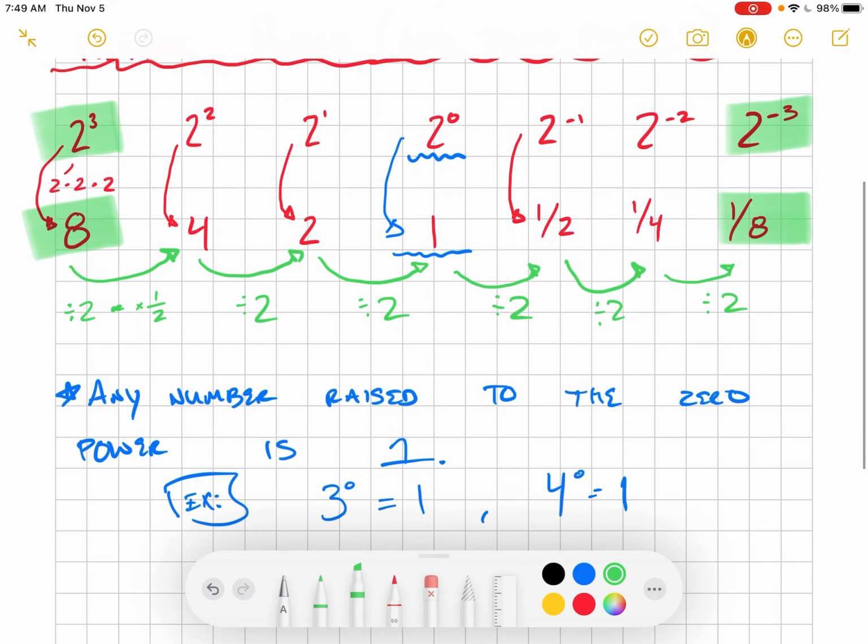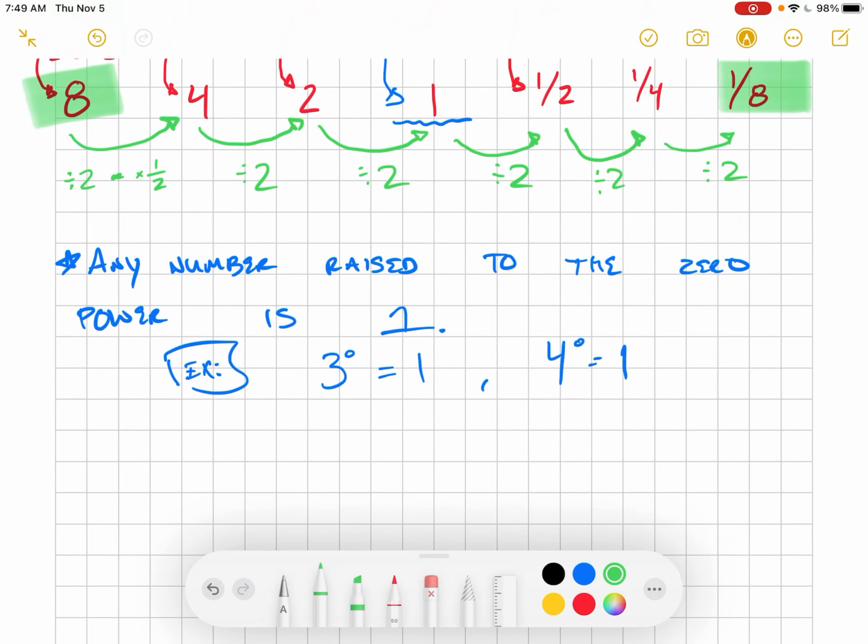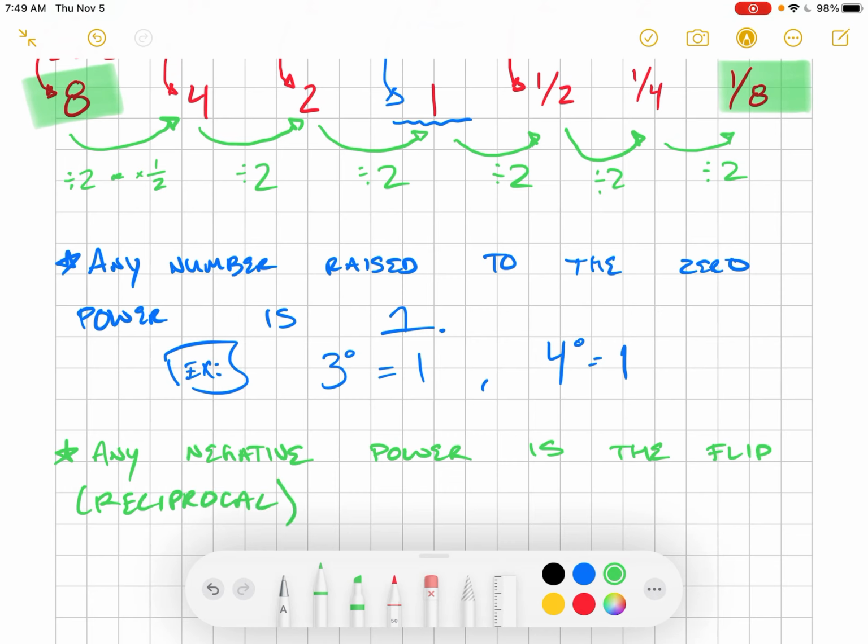Right? So the rule we can make here is that any negative power is the flip, or what we like to call in math reciprocal, of its positive version.